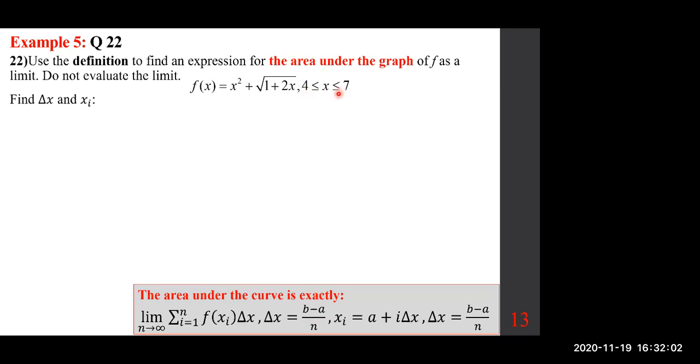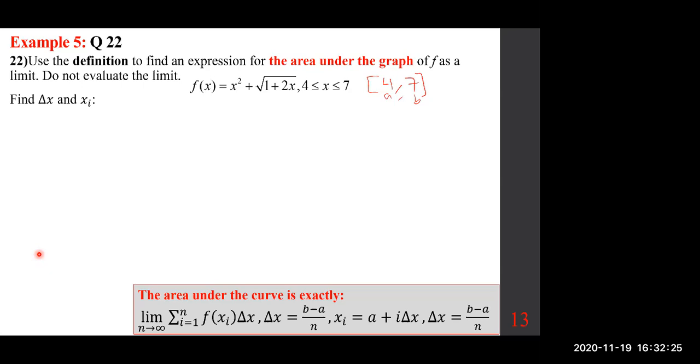So let me just write that also. So this is going to go from number 4 to number 7. This is A, and this is B. Okay, class? All right. So we can calculate delta x, b minus a, 7 minus 4 over n.